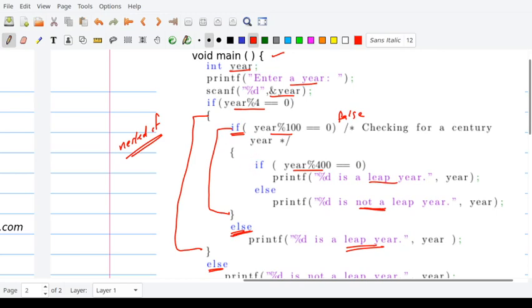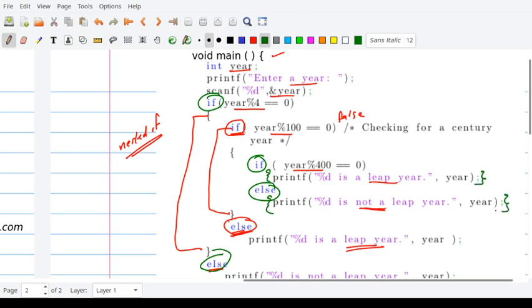You write this if, and this else actually belongs to this if, and this else belongs to this if, and this else belongs to this if. In order to show that, I have written this particular program in this manner.